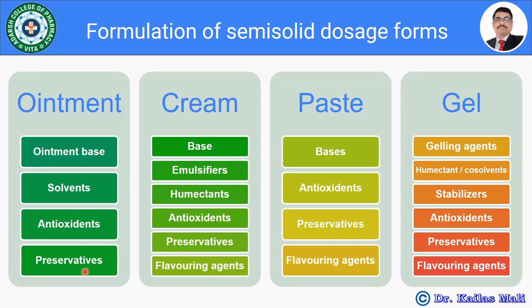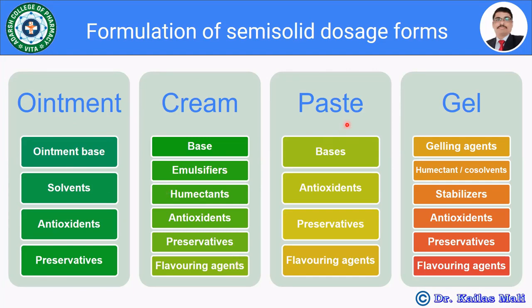If we have sufficient knowledge about the ointment bases, solvents, antioxidants, and preservatives, it is possible to formulate the ointment. For the formulation of cream, we are supposed to use the base, emulsifiers, humectant, antioxidants, preservatives, and the flavoring agent. Generally, the creams are either O/W or W/O types of emulsion.